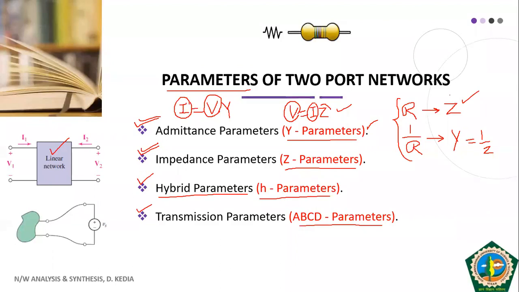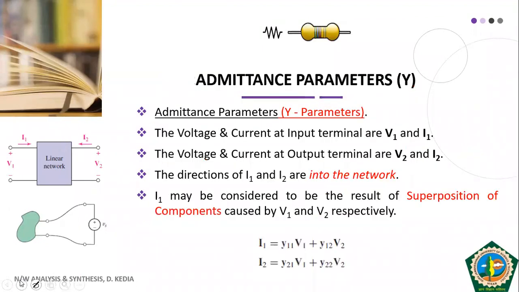It simply requires your circuit solving skills, and that skill will come only and only through practice. So now let us start with our first two port network parameter, that is admittance parameters. As I told you in the previous slide, before we move forward with admittance parameters, we need to see the sign convention first.